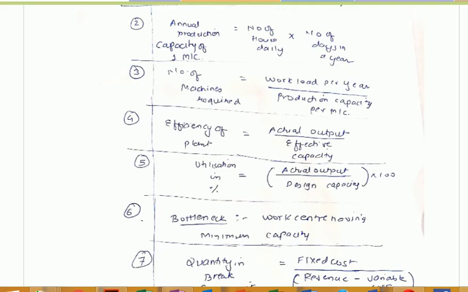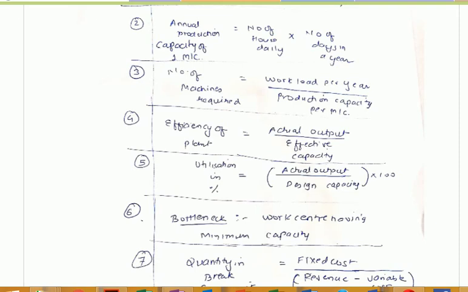Now the next formula is bottleneck. What do you mean by bottleneck? Suppose there are 4 systems or 4 processes having values of 300, 350, 400 and 450. The value of 300 will be considered as the bottleneck. Many students get confused about the meaning of bottleneck when the question comes in the examination.